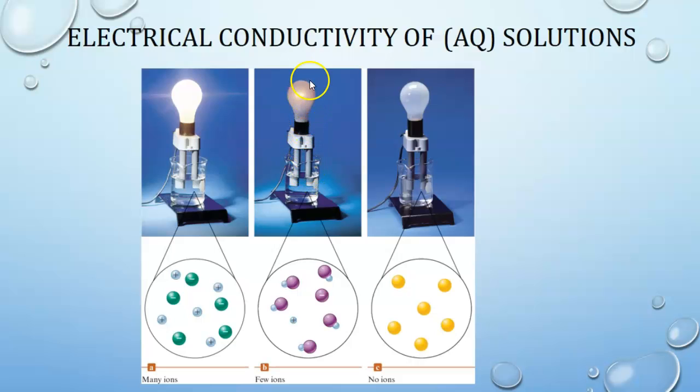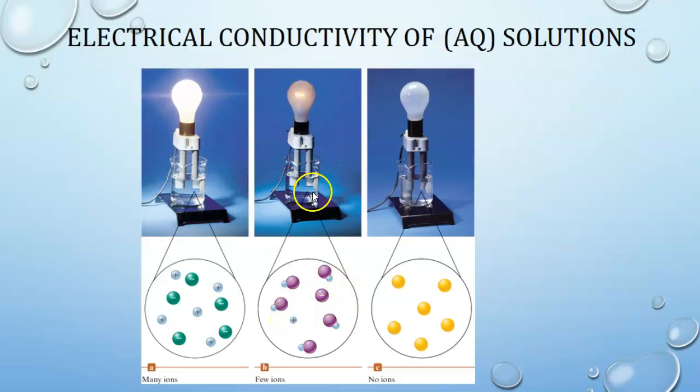In this solution, the light bulb is glowing, but only slightly, because this would be something like HF, hydrogen fluoride, which when it dissolves in water stays mostly as hydrogen fluoride. You see the H's and the F's are still connected. There's only one H plus and F minus. So there's a few ions.